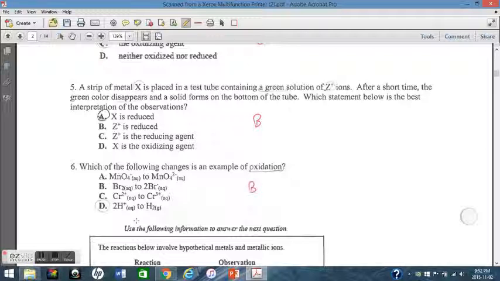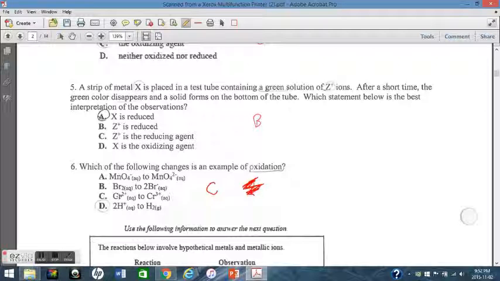I've put down B here, and unfortunately D still isn't correct. But in this case, the only one that's losing electrons is going to be C, actually.